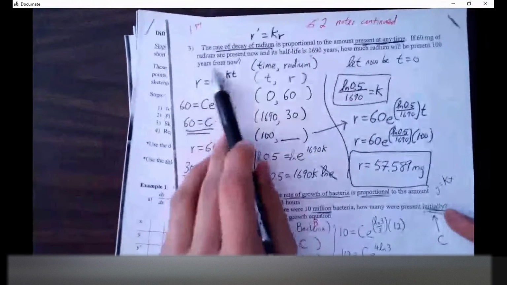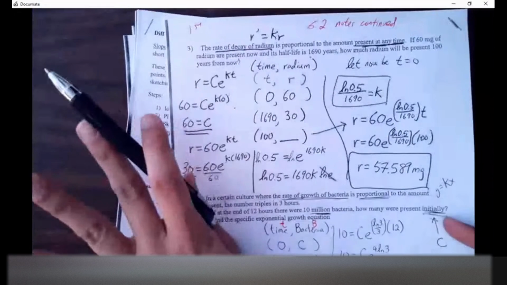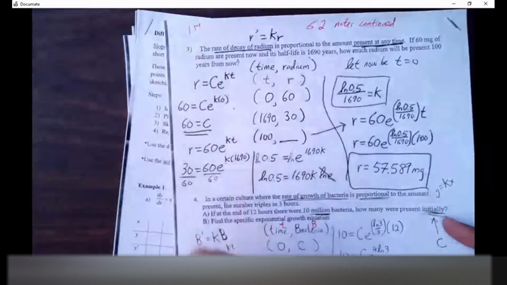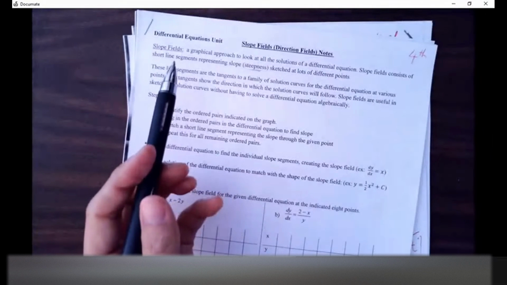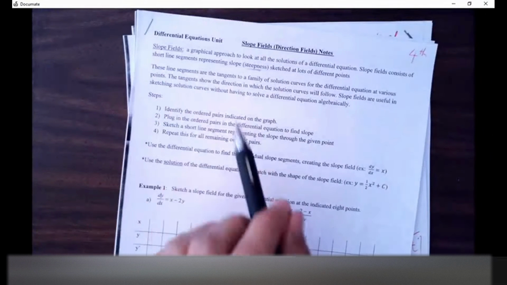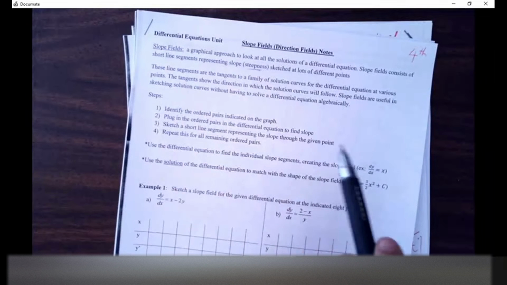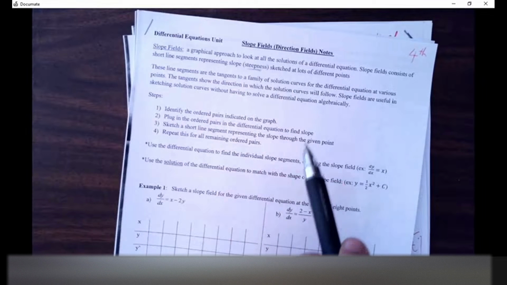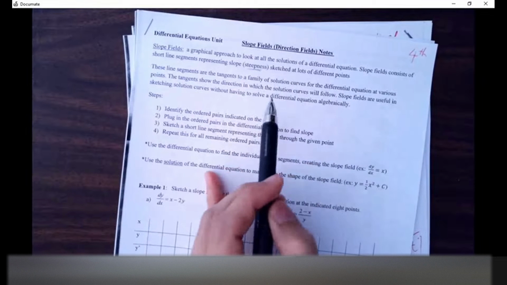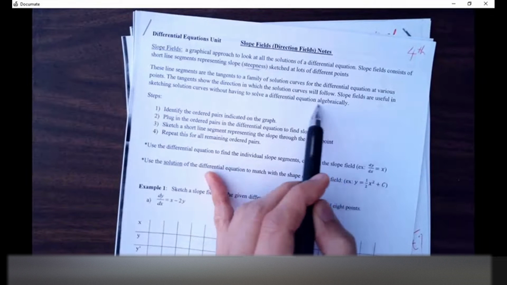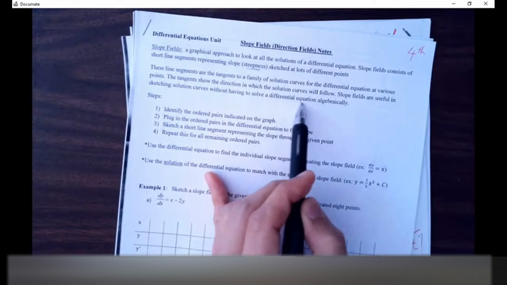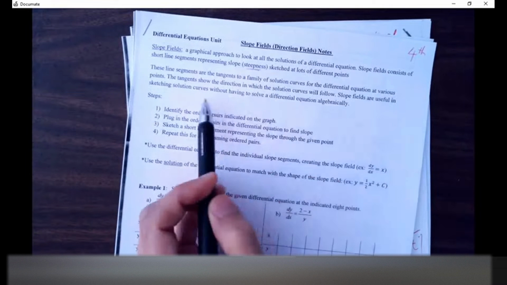We separate the variables, take the antiderivative, and we're able to solve it algebraically and through calculus. But slope fields allow us to stay at the derivative level, stay at the differential level, and then just sketch out these slope segments, and it will give us a picture of the solution without having to solve it algebraically. So there's two scenarios.